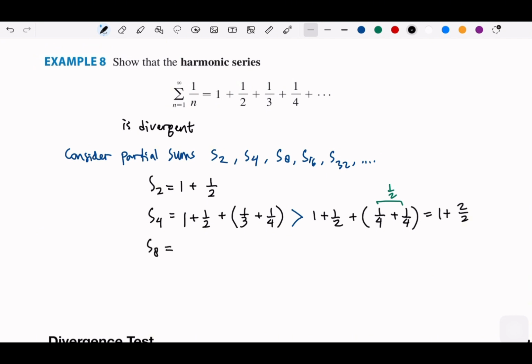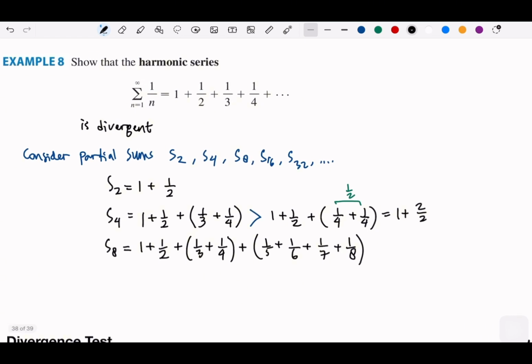Now S8, we have 1 plus 1 over 2 plus all this, and we have 1 over 5, 1 over 6, 1 over 7, 1 over 8. So this parenthesis is telling you that this is going to be close to 1 over 2, and this will be close to another 1 over 2.